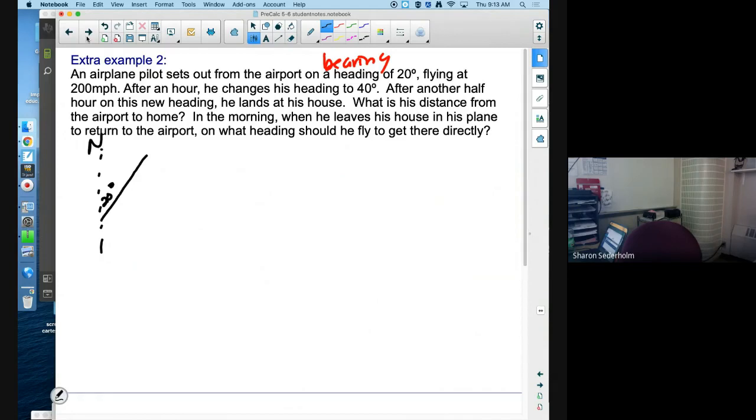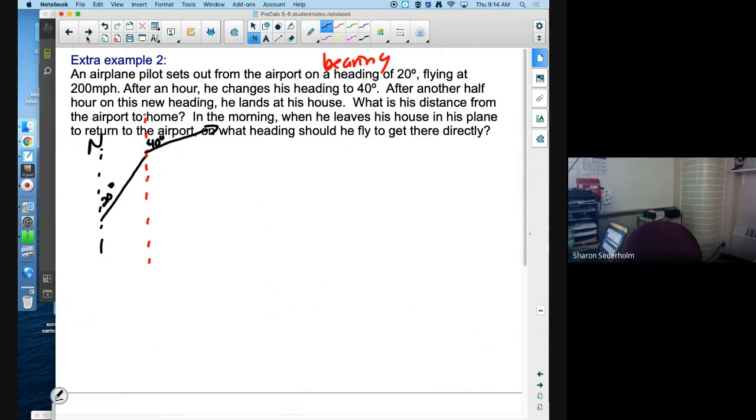After an hour, they change their heading to 40 degrees. So here's due north. Now they change their heading to 40 degrees. After another half hour on this new heading, he lands at his house.